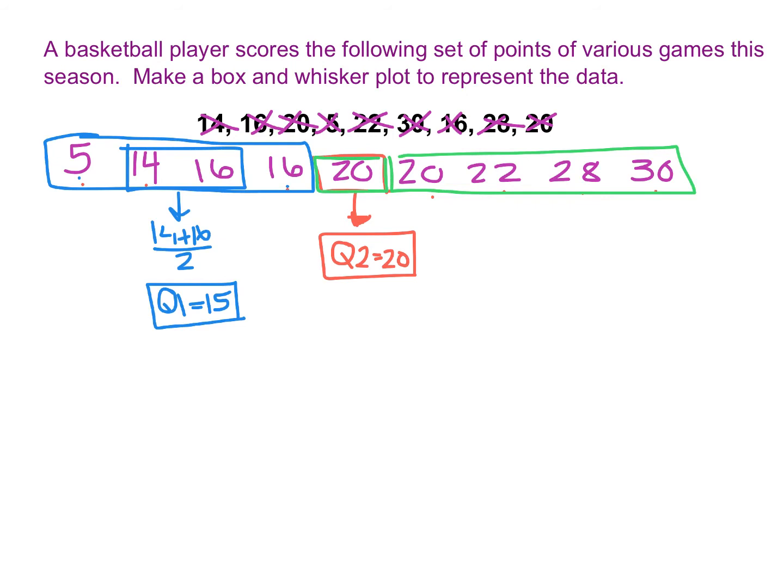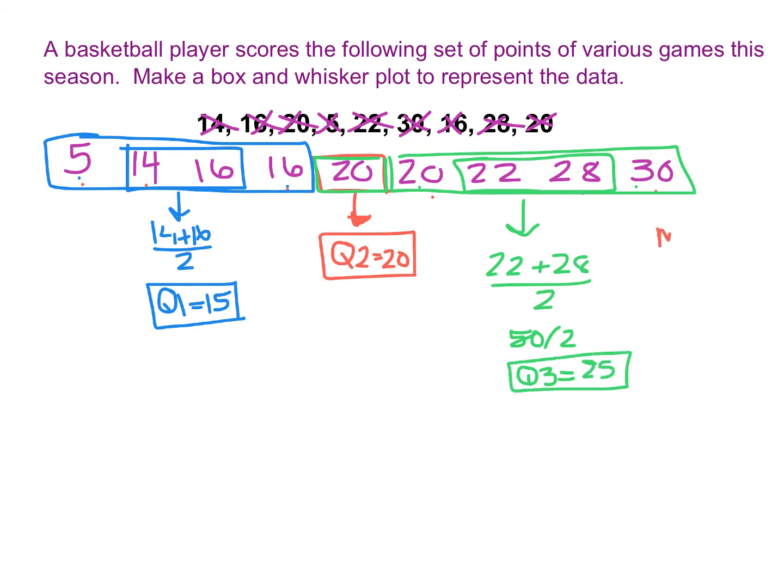So here we need to average these two numbers to find our Q3, because those are the middle two numbers of our top half of our data. So we have 22 plus 28, then we're going to divide by 2. 22 plus 28 is 50, divided by 2. So our Q3 value is equal to 25.